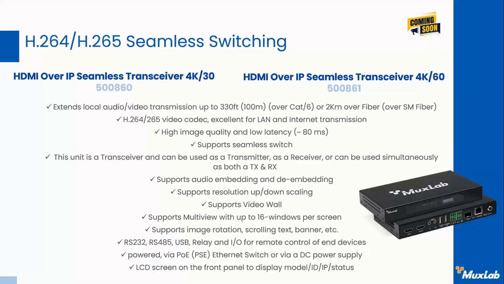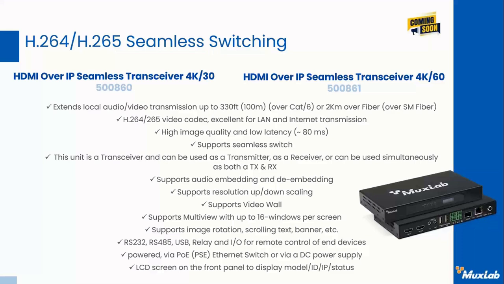It's like having both a transmitter and a receiver inside the same physical box. The only thing that they actually share is the Ethernet port. The transmitter and the receiver are physically separate entities inside this enclosure, so you can run the transmitter and the receiver simultaneously if you wish. You can just use the transmitter side, you can just use the receiver side, or you can use both at the same time, which is very nice.